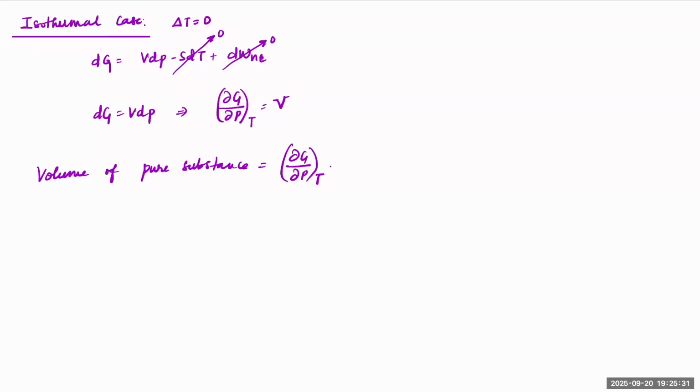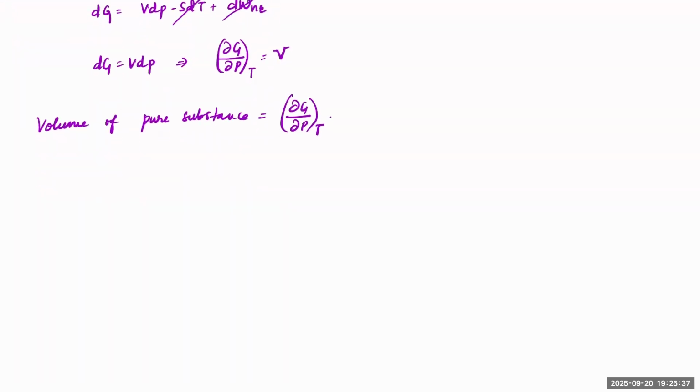Within the isothermal case we can have it for ideal gas, for solids and liquids, and so on. Let me write case 1 for solids and liquids. For solids and liquids, we know that volume remains constant. So dG will be equal to VdP here.